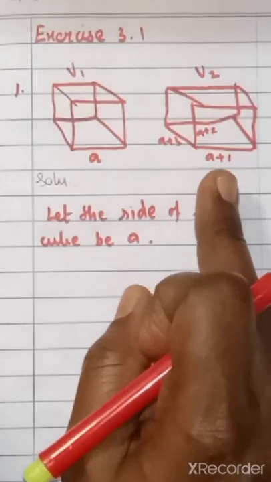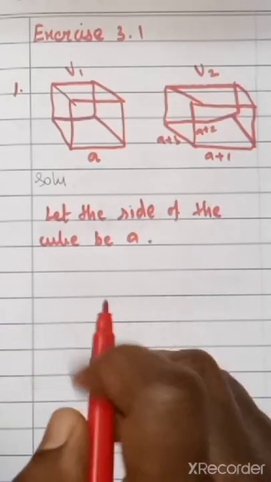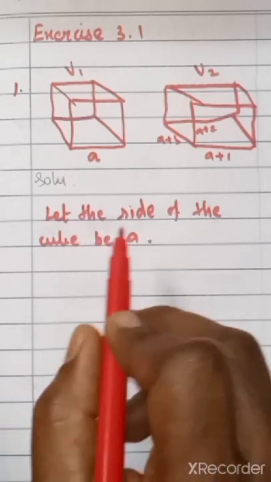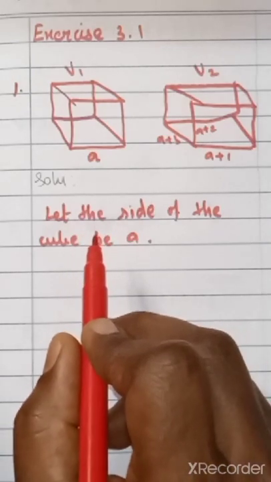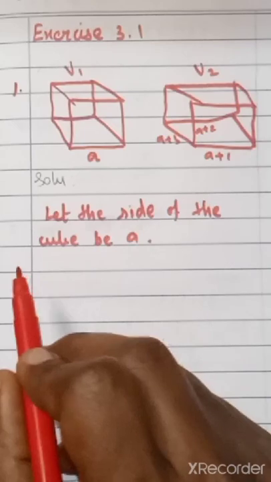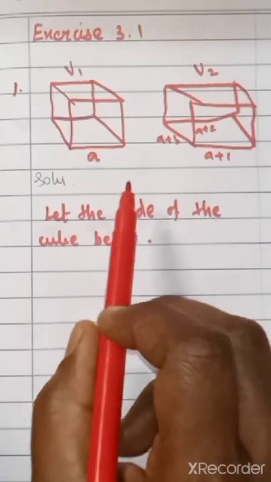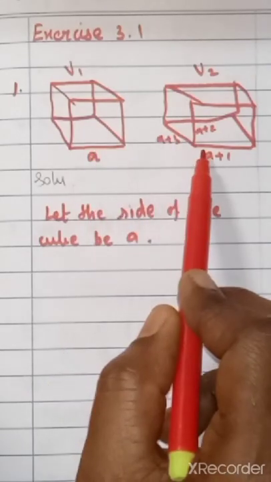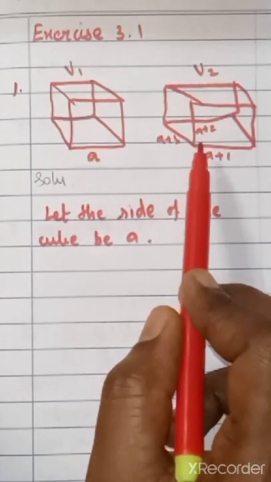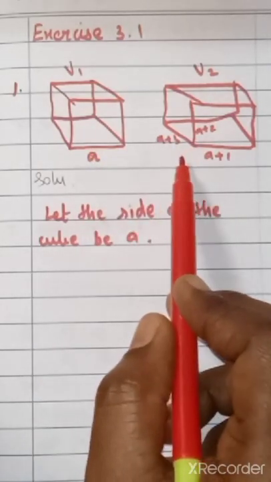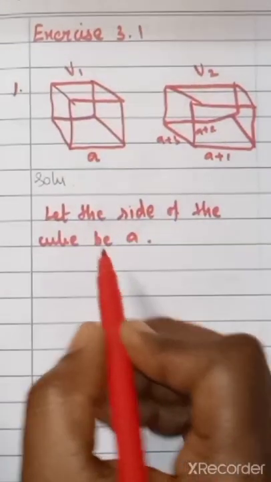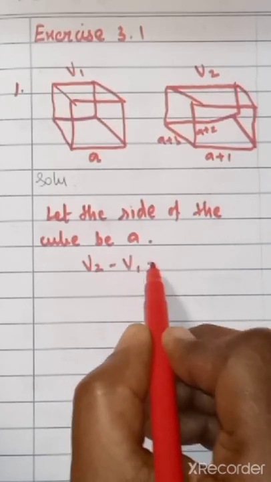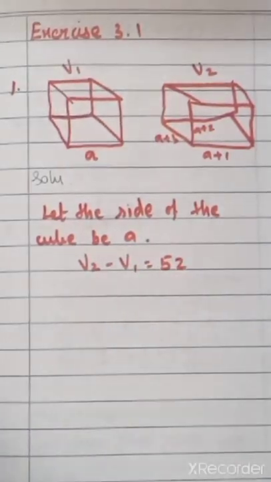Now one hint is given: if the sides are increased, then the volume is increased by 52 units. So when you form the cuboid from the cube, the volume is increased by 52 units. That is, if you subtract v1 from v2, the volume has increased by 52 units.